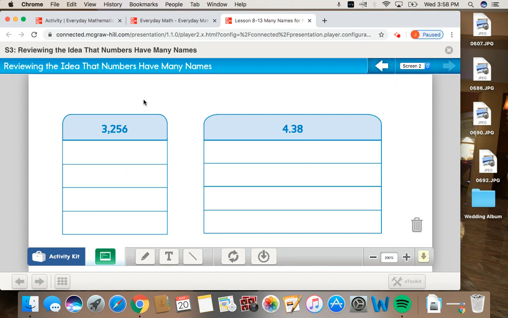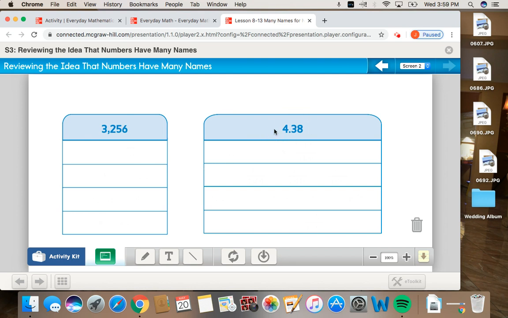So again, we're reviewing the idea that numbers have many names. So you're going to have some large numbers. And the purpose of having these large numbers is so you can do different things with them. I can add two numbers together to get this number. I can subtract two numbers to arrive at this number. I can divide numbers to arrive at this and multiply. So that number is large enough to be able to do all of those things.